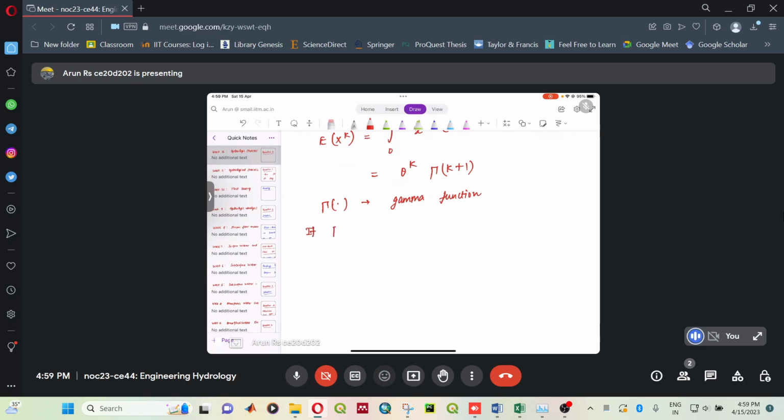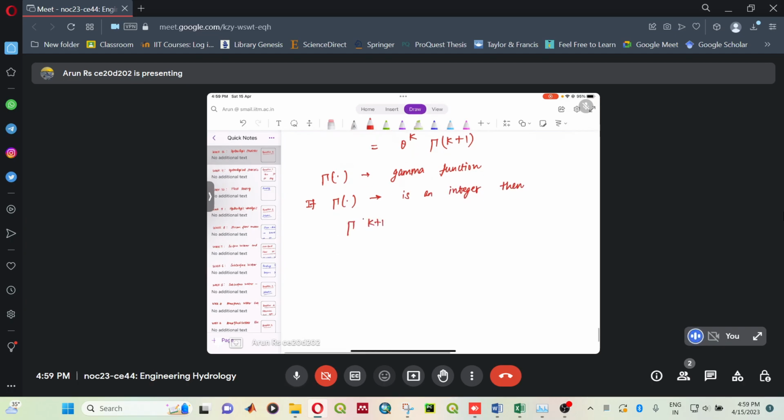So if gamma of a number, it is an integer, then we can make use of this formula. So gamma of k plus 1 can be generally written as k factorial.